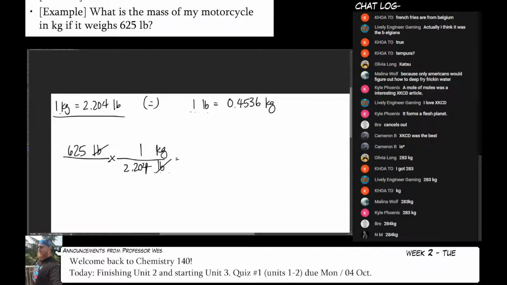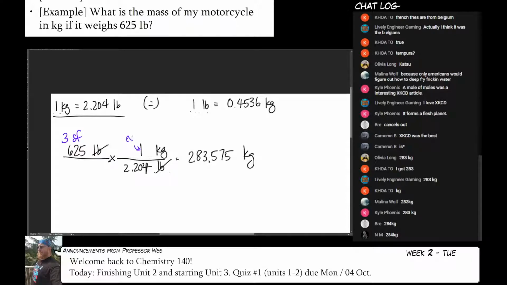Punch it in the calculator, and I get 283.575 kg. And then lastly, we have to do sig figs. This number has 3 sig figs.